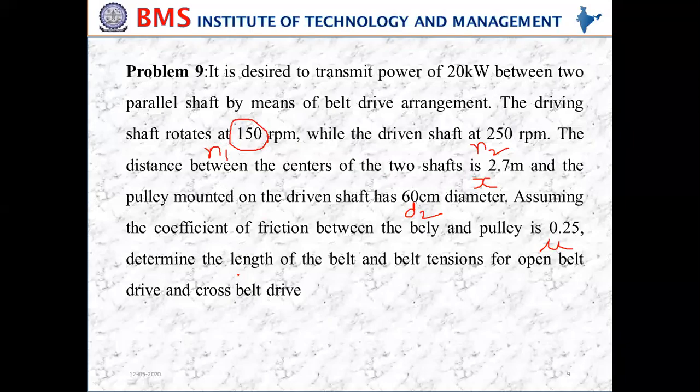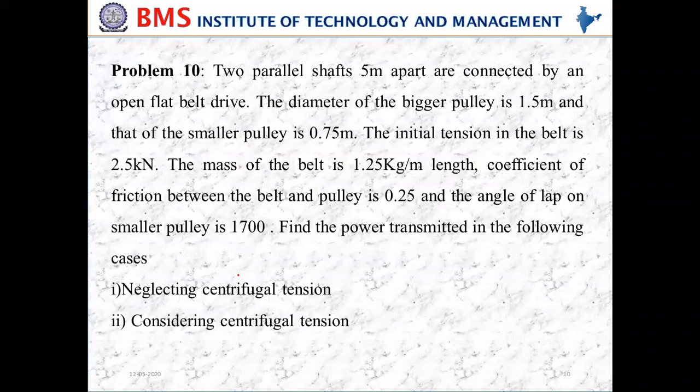And next, the last one. Two parallel shafts are 5 meters apart, meaning the central distance is given as 5 meters. The diameter of the bigger pulley is 1.5 meters and the smaller pulley is 0.75 meters.